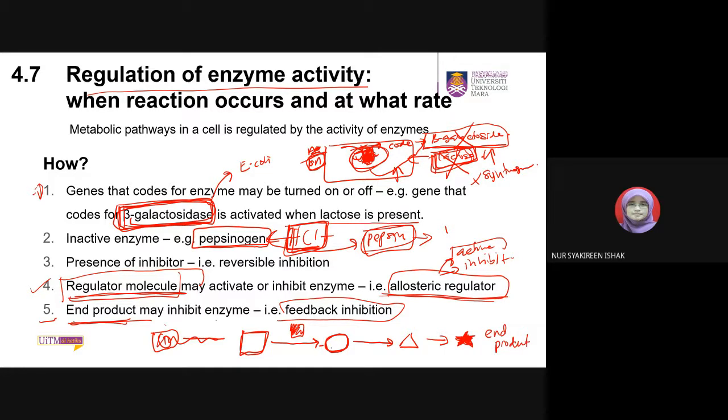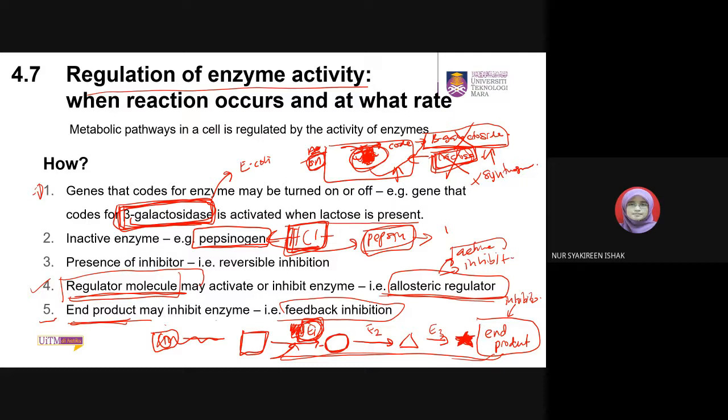Okay, so you have a series of reactions catalyzed by many enzymes. So enzyme 1, enzyme 2, enzyme 3, for example, until you get the end product. So this end product can act as an inhibitor for the first enzyme of the reaction, usually the enzyme involved in the first step of the reaction.